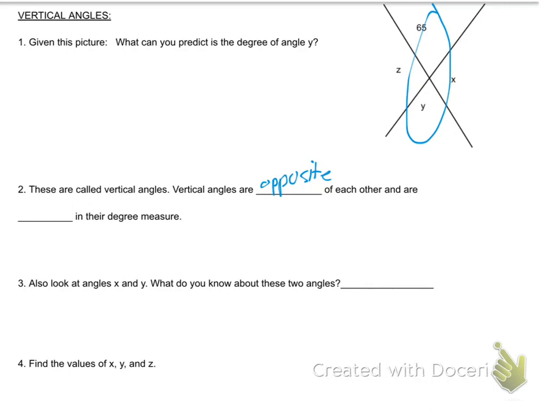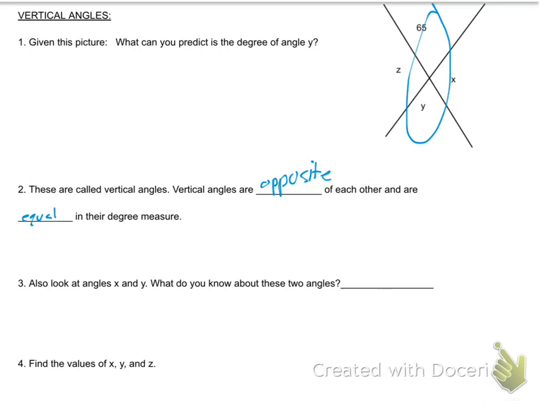Y is 65 because they are what? Vertical angles. Okay, they're vertical angles. They're opposite, which means they are the same. So they are the same in their degree measures, or equal, congruent, if you want. So they're congruent in their degree measures. They're equal in their degree measures.